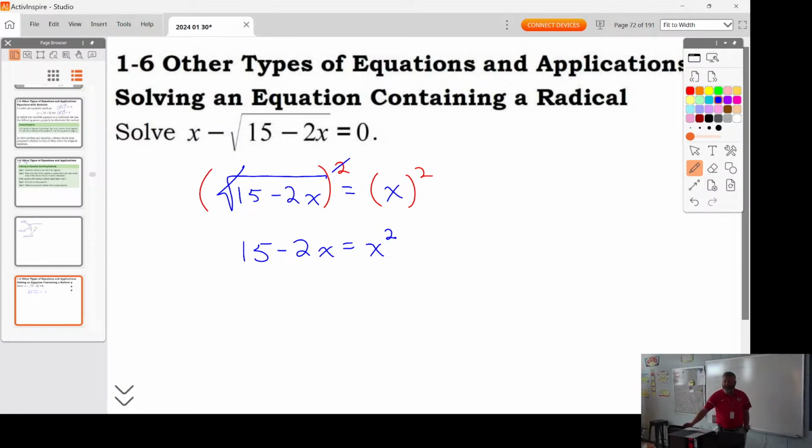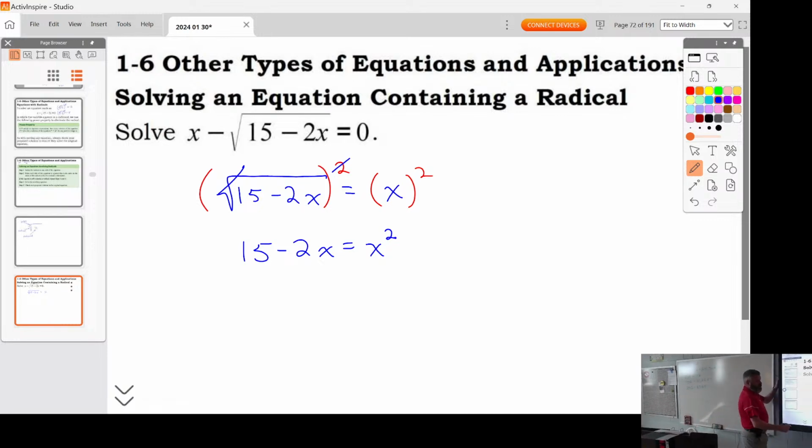Next step. First of all, what kind of an equation do I have now? A quadratic. So I started with a radical equation, and I now have a quadratic. And what's the first step to solving a quadratic equation? Set it equal to 0. Okay? Yeah, we put everything in order, descending powers. I want my quadratic term to be positive.